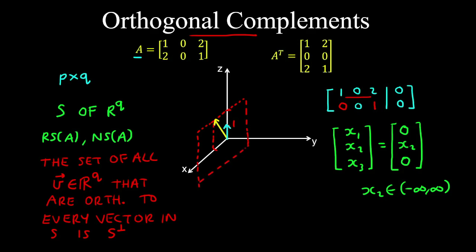So any vector in the plane of these vectors can be represented as a linear combination of these row vectors. So as we can see, the null space of A is the line along the y-axis, which is orthogonal to this plane. So therefore the null space of A is the orthogonal complement of the row space of A. And note that this plane extends to infinity in all directions.